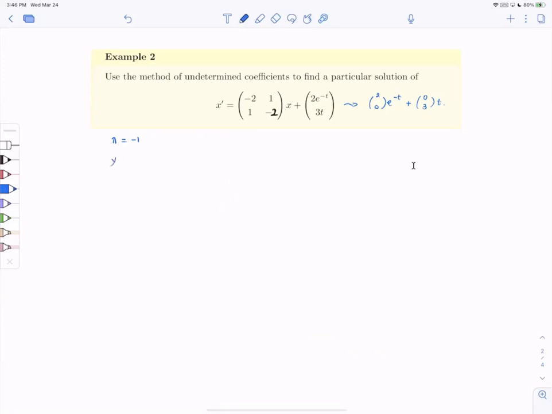So my yp guess is going to be, actually it should be xp. So xp should be a1, a2. I'm guessing based on this. The complementary solution will give you e to the negative t, so you need to multiply by t: t e to the negative t. And you keep the original one: b1, b2, e to the negative t.